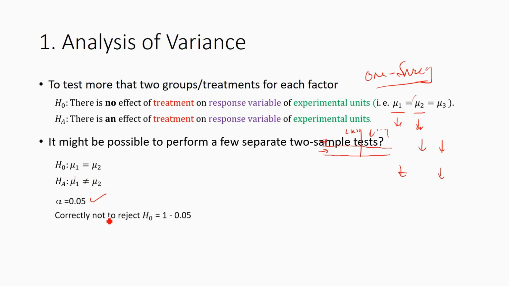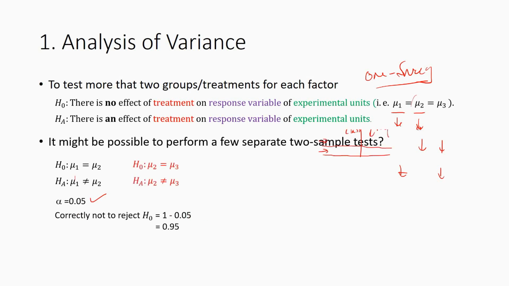The alpha means the type 1 error, so you might reject the null hypothesis even though there's no significant difference. So the probability that you correctly do not reject the null hypothesis is 1 minus 0.05, which is 95%. This is for one test.